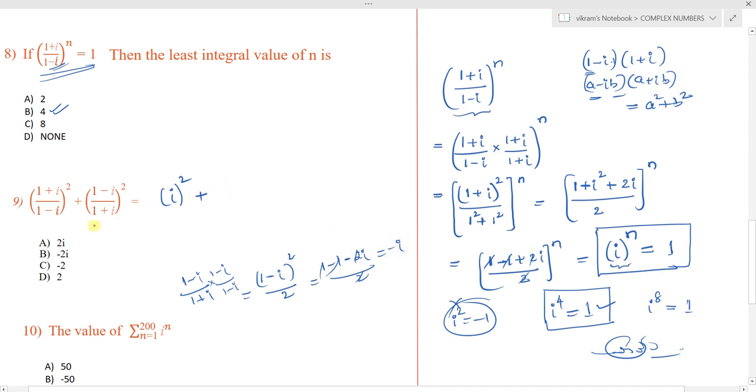Verify this with neat step-by-step procedures. So 1 plus i by 1 minus i always gives plus i, and 1 minus i by 1 plus i gives minus i. Then i square equals minus 1, minus i square is minus 1, and so minus 1 minus 1 equals minus 2. The resultant is minus 2.